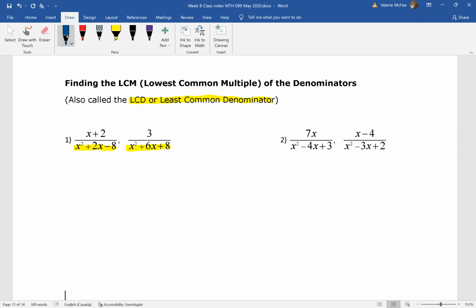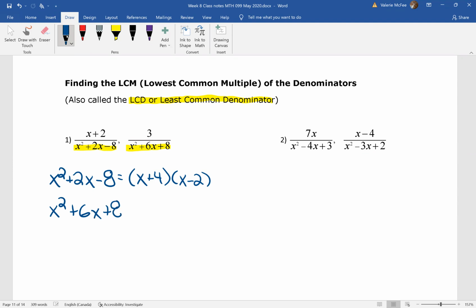The first thing we did was factor each of the polynomials. Now, to find the lowest common multiple, remember what we said.